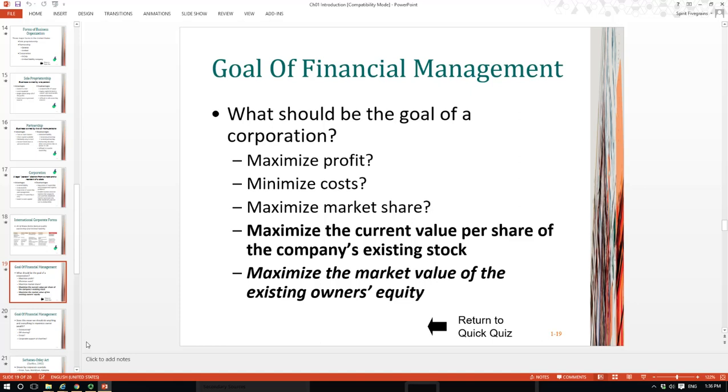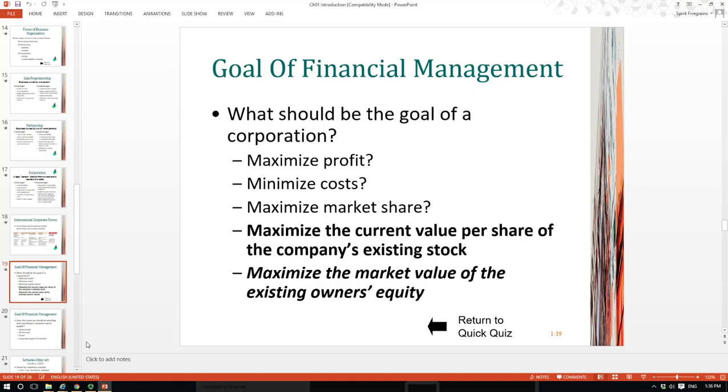Should we focus on minimizing costs? Of course, if you minimize costs, then profit can be improved. Should we focus on maximizing market share, and so on and so forth? All those look like very reasonable goals for a corporation, but in theory, all of them are not the correct answer. The correct answer is to maximize shareholders' wealth.